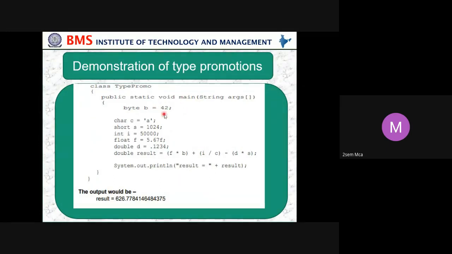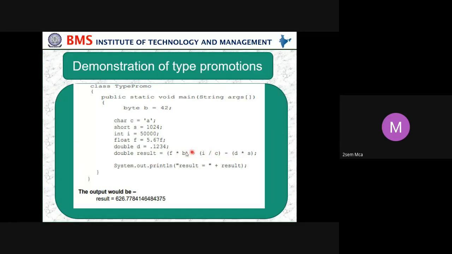So b is 42, and a we are storing as a char, a short 1024, an int we are taking as 50,000, a float 5.674, and a double we are taking 0.1234, and we are doing some expression, that is a f star b plus i divided by c minus d star x.